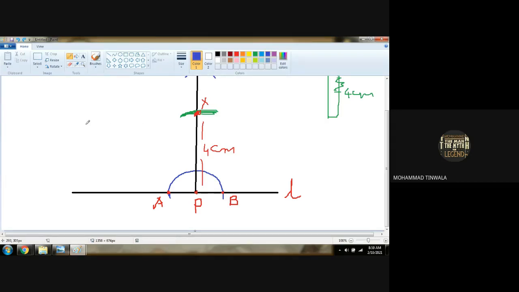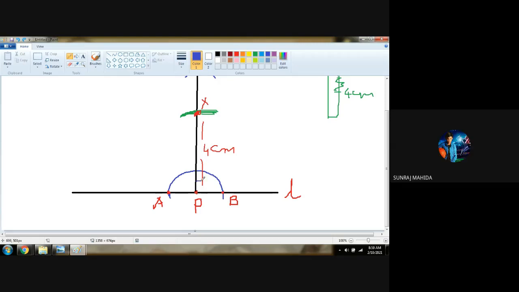See, look here. These two lines are parallel, so these are the corresponding angles which are equal, and these are the interior alternate angles which are equal, like this angle and this angle. સમજ પડે છે કે નથી પડતી? So this angle will be equal to the other angle.